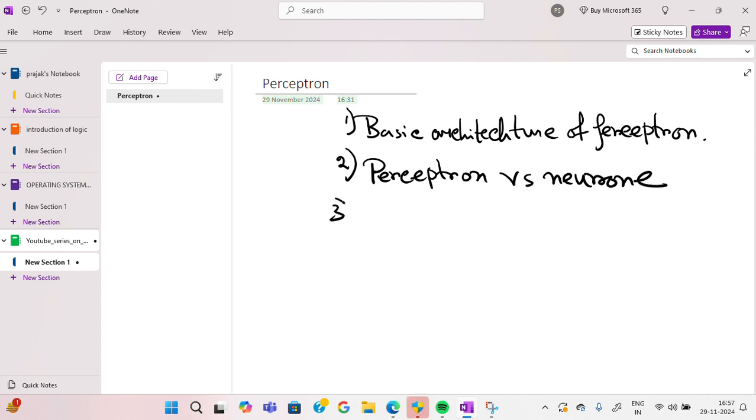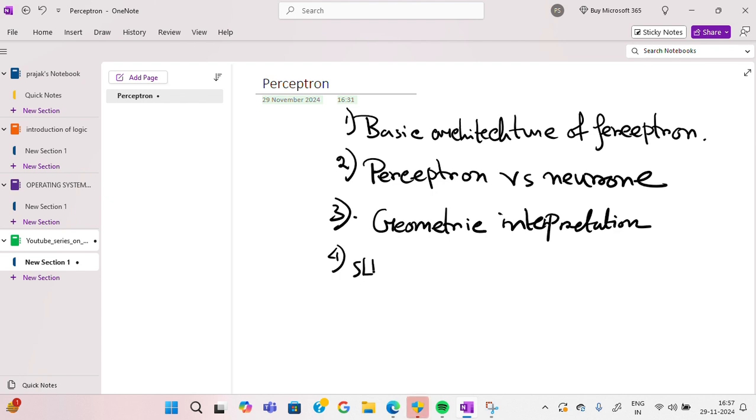The third one is a very important concept, the geometric interpretation of perceptron. And the fourth one is SLP and MLP, single layer perceptron and multi-layer perceptron.